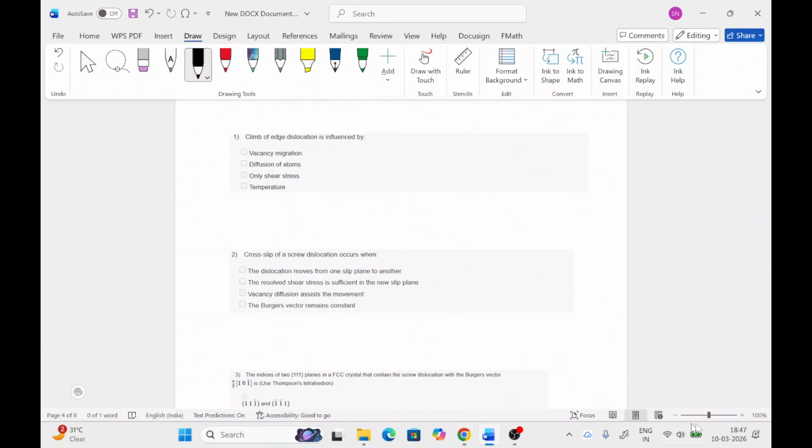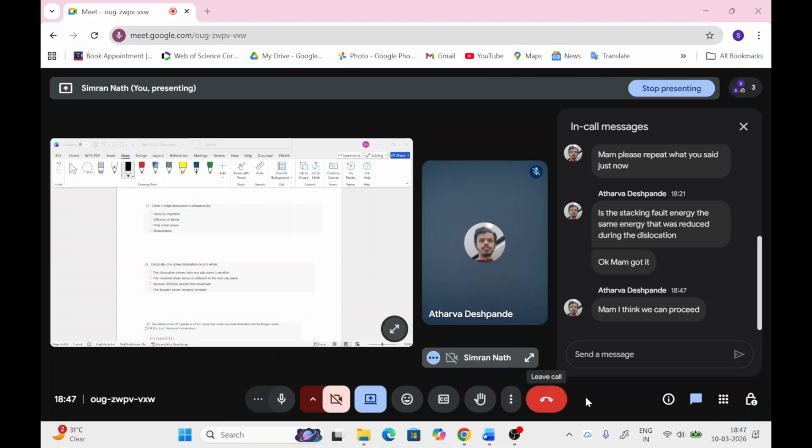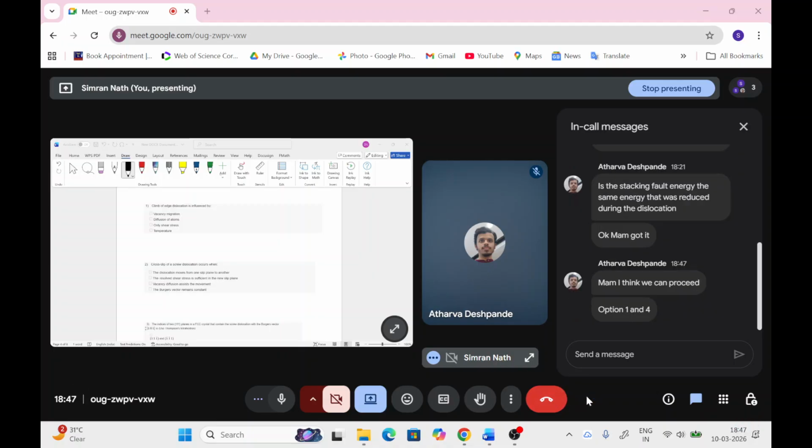The first question we have asked: climb of edge dislocation is influenced by what? Can you guess the answer? Option 1 and 4, yes: vacancy migration and temperature.